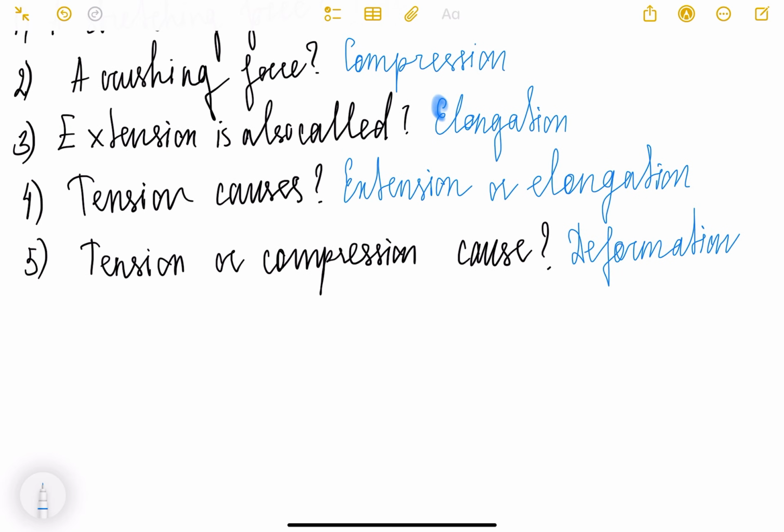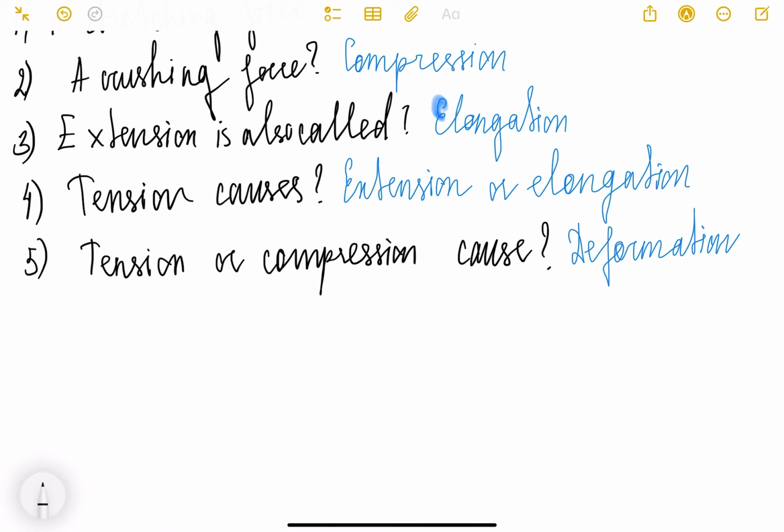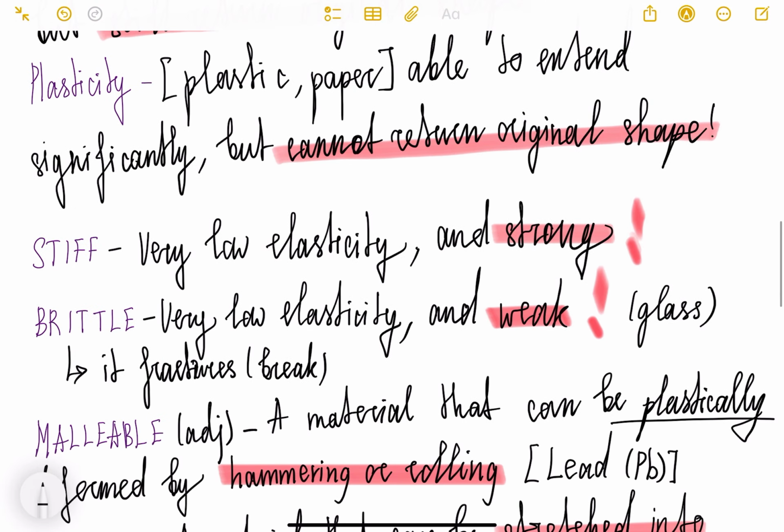Okay, I hope it was very understandable. Here it is, also other questions. It's about matching words, so I just gotta read the correct matching. If a material is stiff, it has low elasticity and high tensile strength. It was in this class.